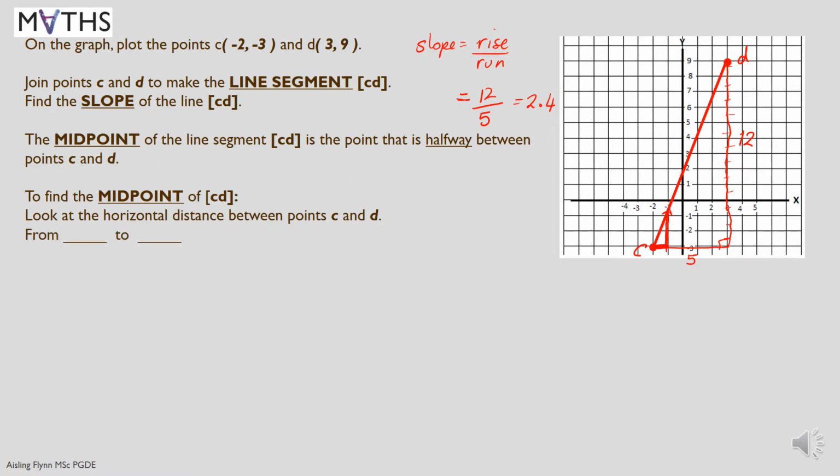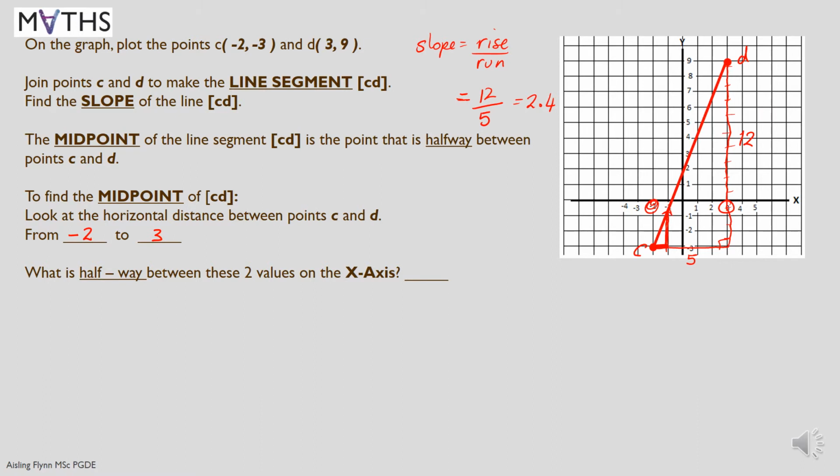C has x value minus 2, so from minus 2 to 3, which is for D, there's 5 units across. What is halfway between these two values on the x-axis?